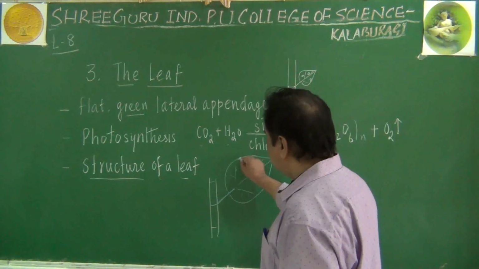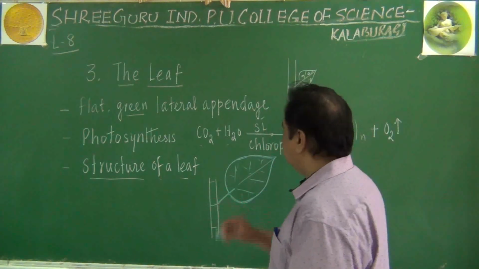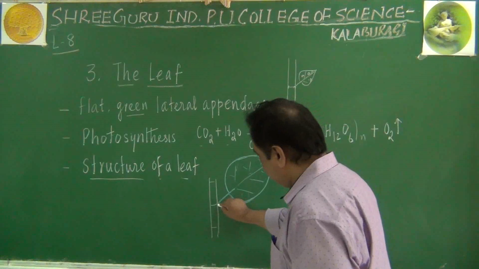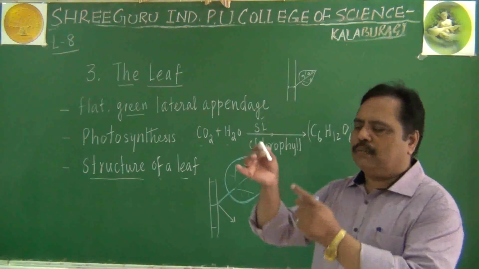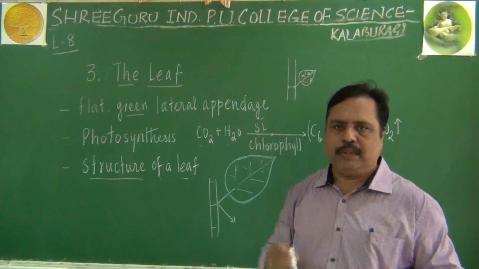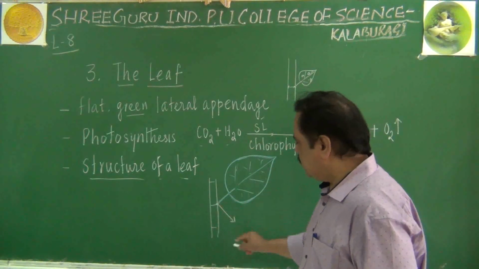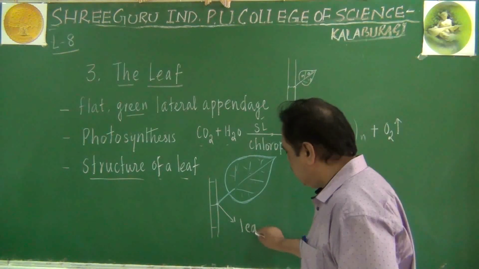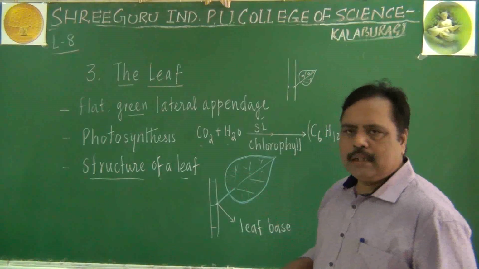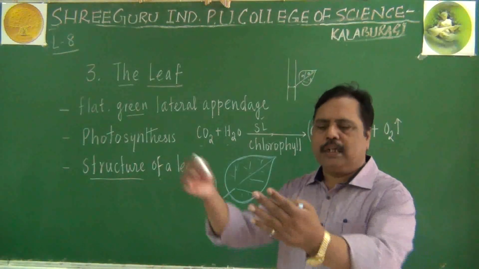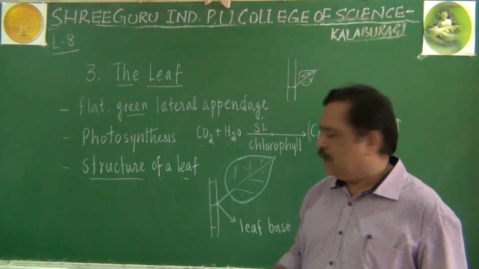What are those three parts of a leaf? Let me explain here. Listen to me. The point of attachment of the leaf with the stem is called the leaf base.